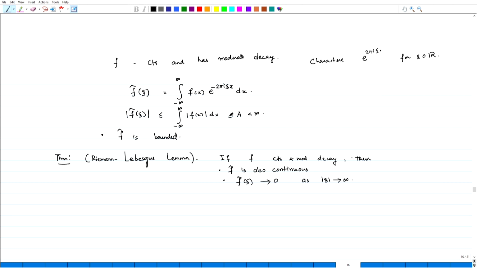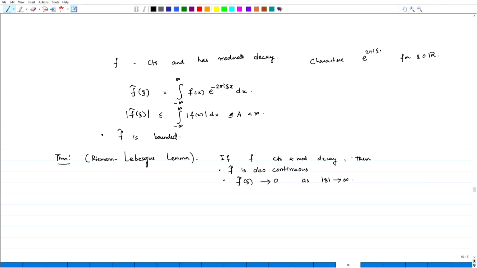Just like in the case of the Fourier series, if we have a Riemann integrable 2 pi periodic function, then the Fourier coefficient will go to 0 as mod n goes to infinity. So, the proof will ideally follow the same idea we employed there.